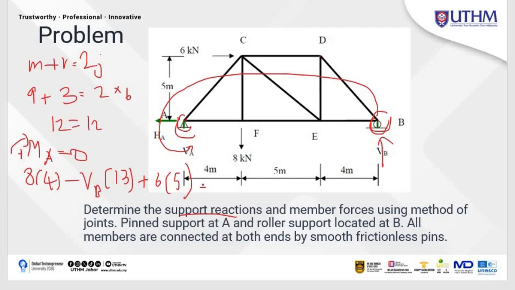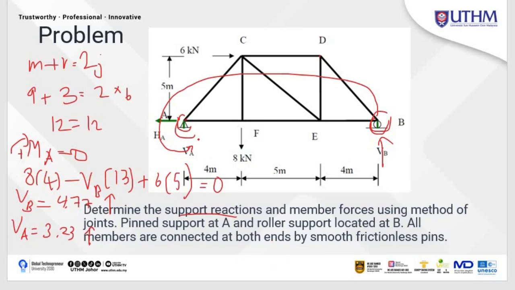From here, we can find the support reactions. VB is 4.77 kilonewton, and the direction is upwards, while VA, the support reaction at A, is 3.23, also upwards.